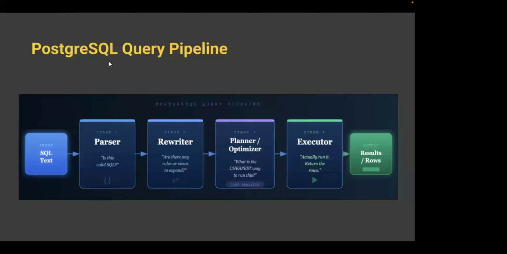And these two processes are completely transparent. You won't be seeing them happen. They happen in the background. And then we have stage 3, the planner. This is also called the optimizer, and this is where things get interesting. It takes the clean resolved query from the rewriter and tries to understand what is the cheapest possible way to execute this query.